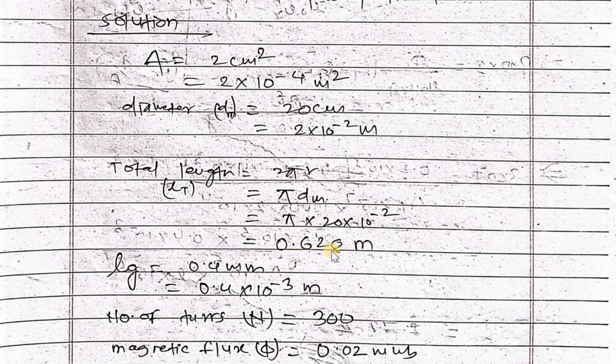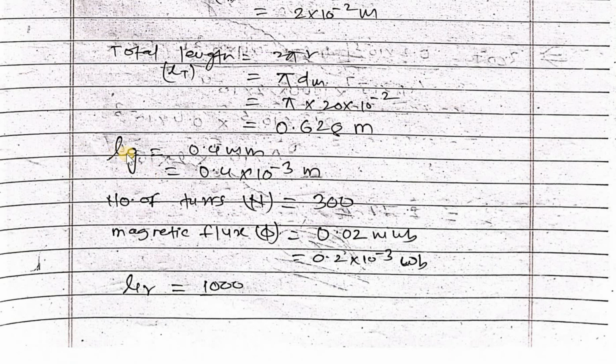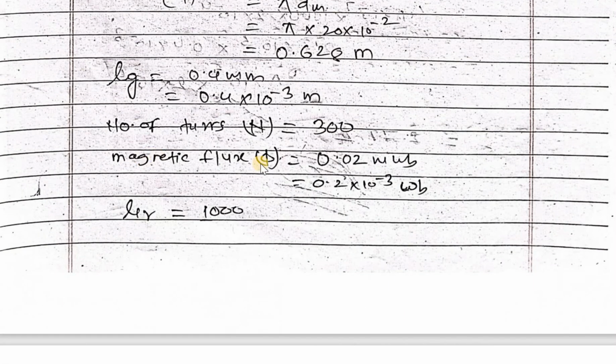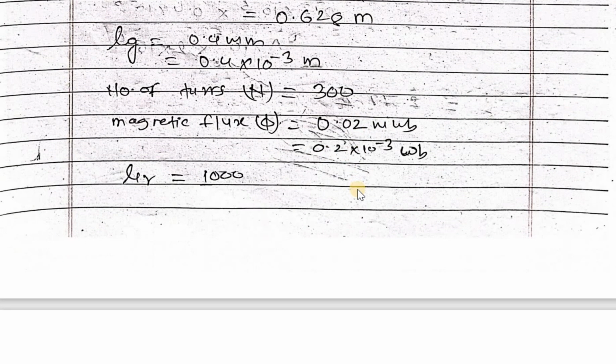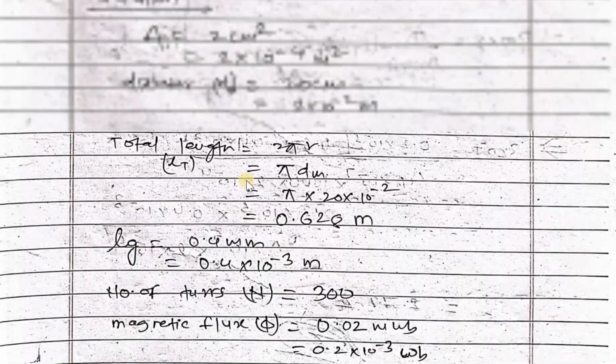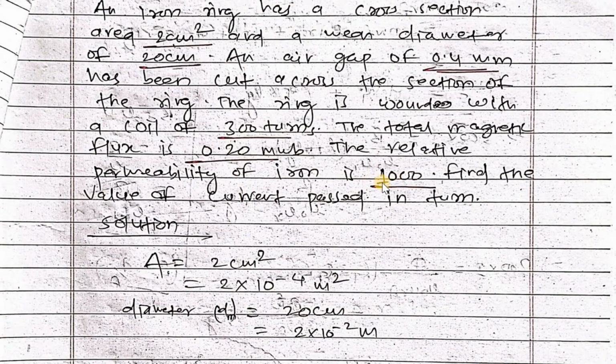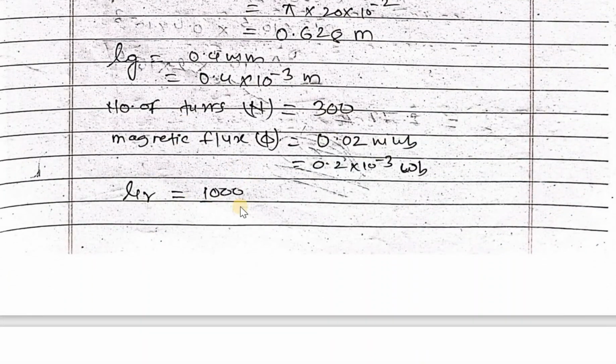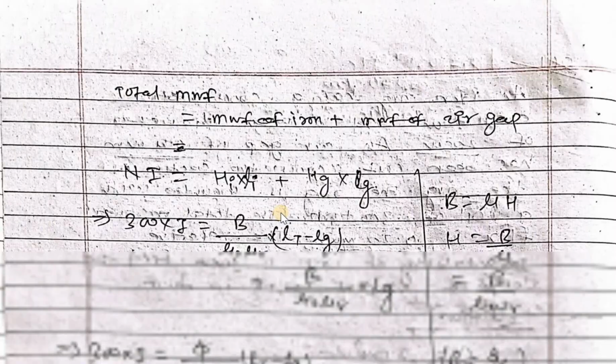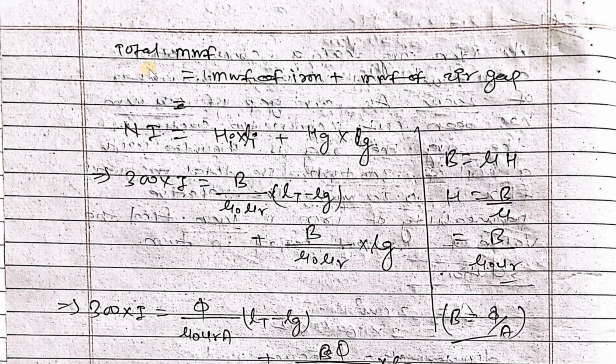Then put the value, you can get total length equal to 0.628 meter, and the length of air gap is 0.5 mm, so 0.5 into 10 to the power minus 3 meter, and number of turns is 300. Magnetic flux is 0.2 milliweber, so 0.2 into 10 to the power minus 3 Weber, and relative permeability is 1000, so mu r equal to 1000.